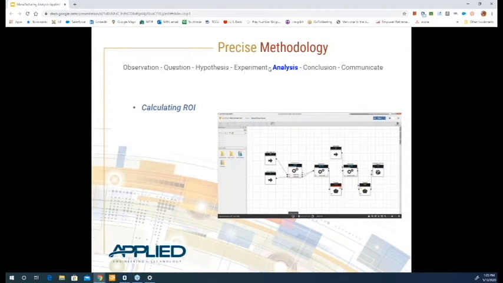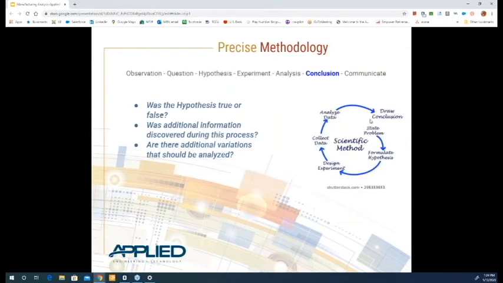Then after you do the experiment, you look at the data. Did this help? Did it not help? Is the line balanced now? Are we getting the throughput that we want? Different things like that. So you come up with a conclusion.